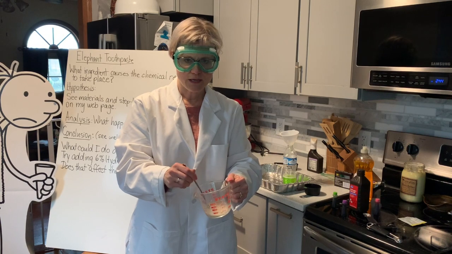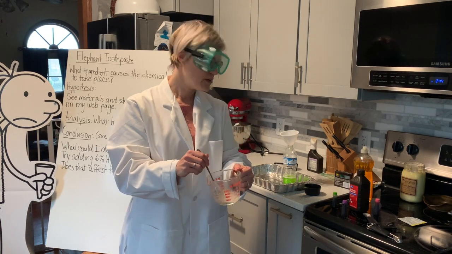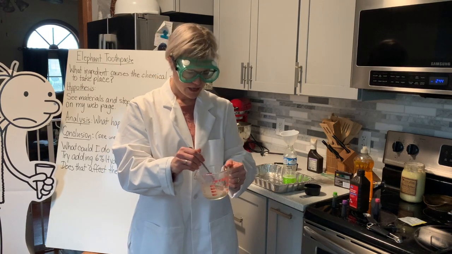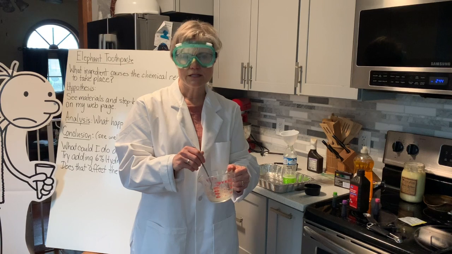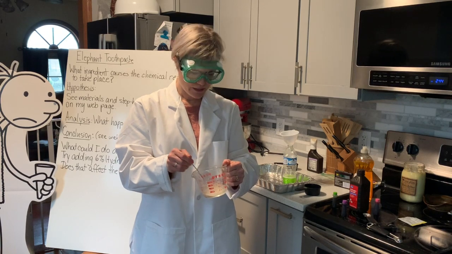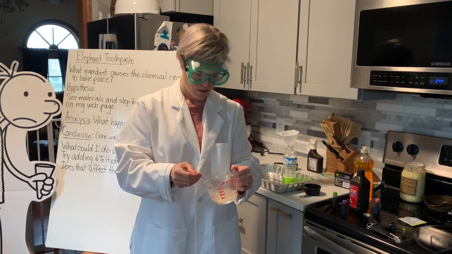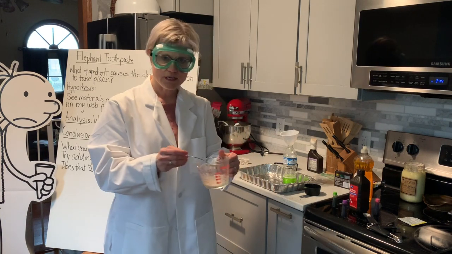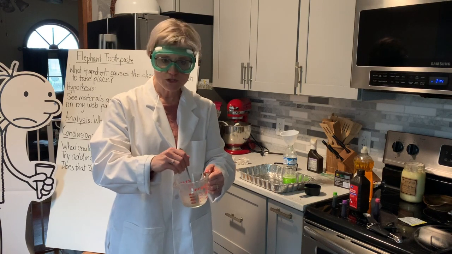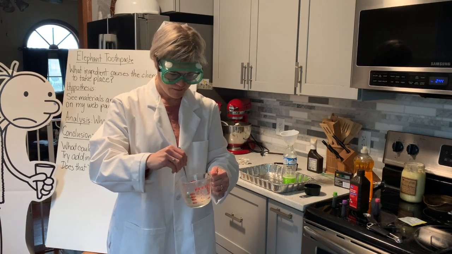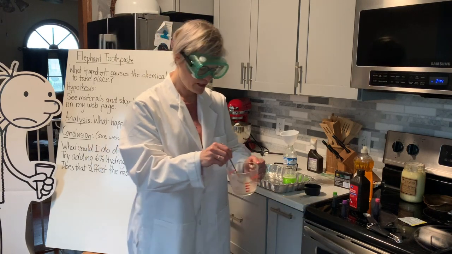Now when I put the yeast solution in with the rest of the ingredients, I want to pull that funnel out pretty quickly so that I can see the reaction that's happening. So if some of the yeast sticks to the spoon, you can just get it off of there and keep stirring and make sure it's pretty well combined. So now I can see that it's pretty well combined and we're ready to go.